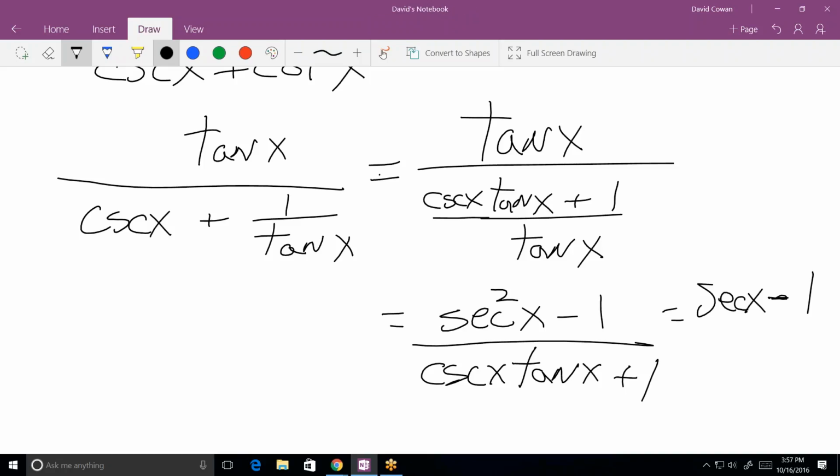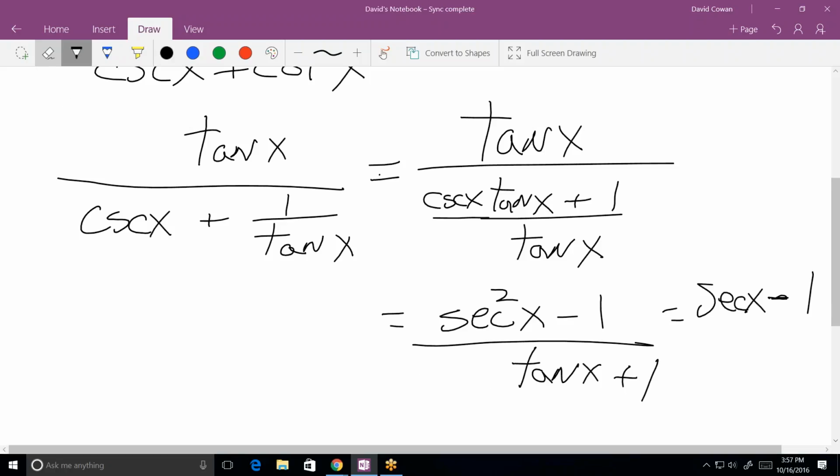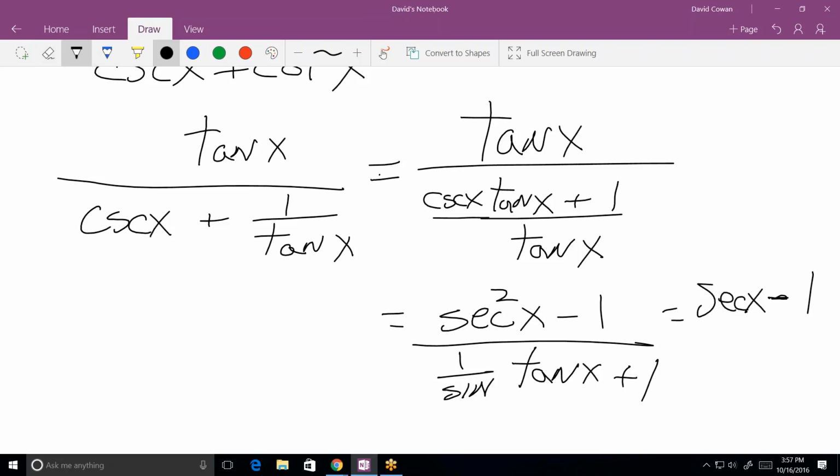Let's look at the bottom again. Cosecant, what's the reciprocal of cosecant? Sine. So that's 1 over sine. What's tangent's quotient identity? Sine over cosine.